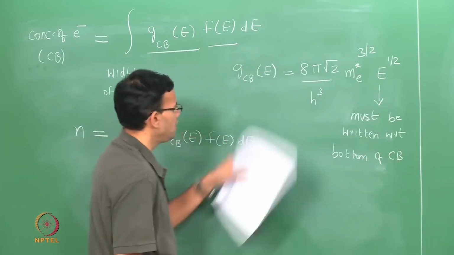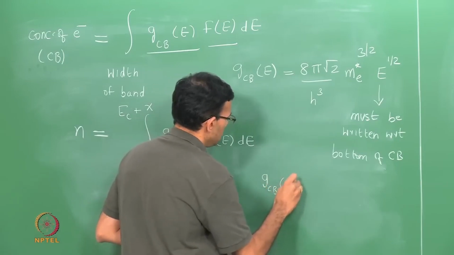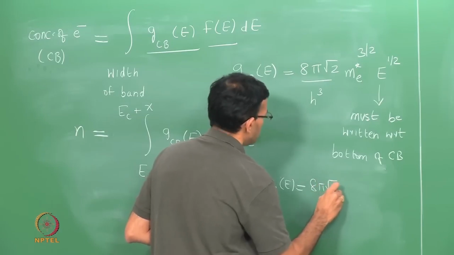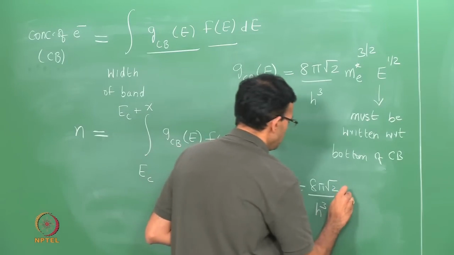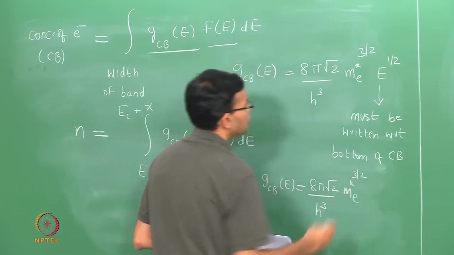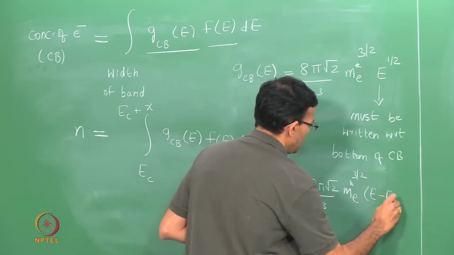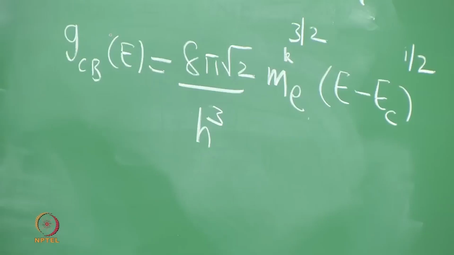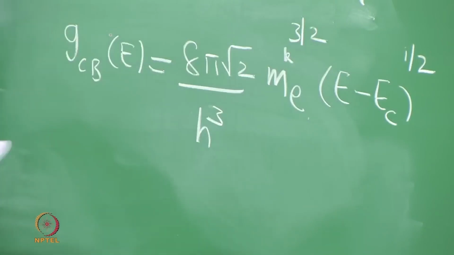So, we will modify this expression GCB and write it as 8 pi square root of 2 by h cube, me star to the 3 over 2, and instead of E we will write E minus EC, the whole to the power half, so that you are writing the energy with respect to the bottom of the conduction band.